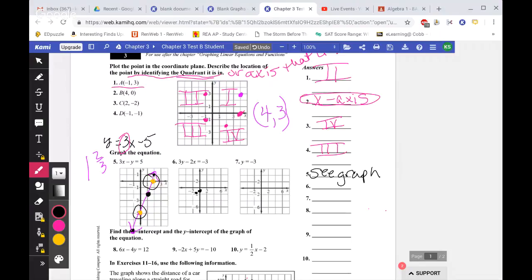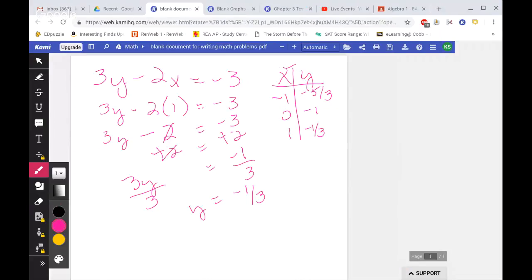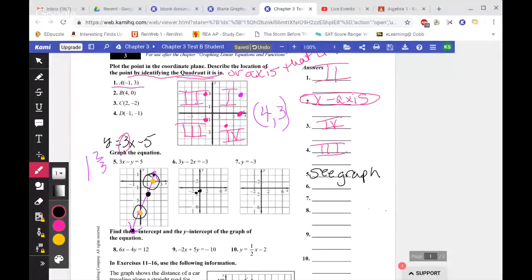And then I've got a +1, and then 2, and then a -1/3. Yeah, they're not even going to be very far apart. Look, it's going to be about right there. Anyway, that's your line based on the XY table. Halfway between and then down just a little ways.